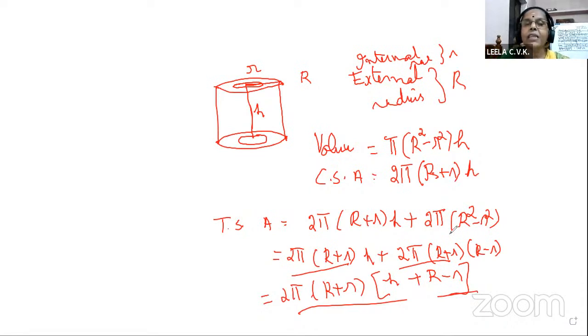Okay, now we will see. This much I think you must have understood. Now we will see about the cone. So what is a cone? See, like this shape, isn't it? Cap and all, see, like this shape.